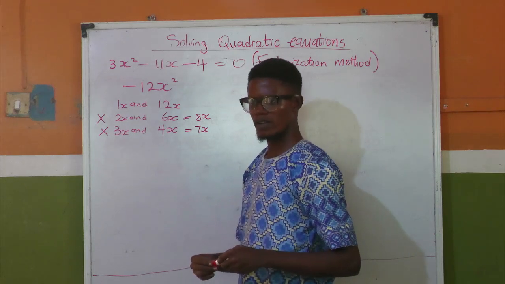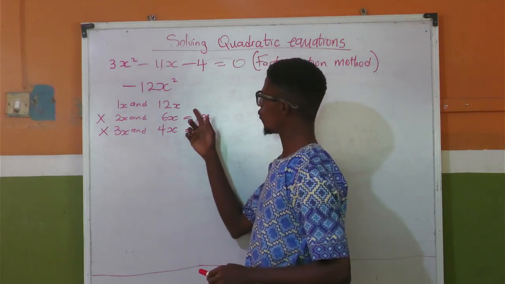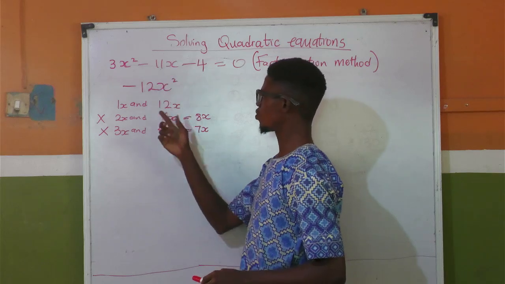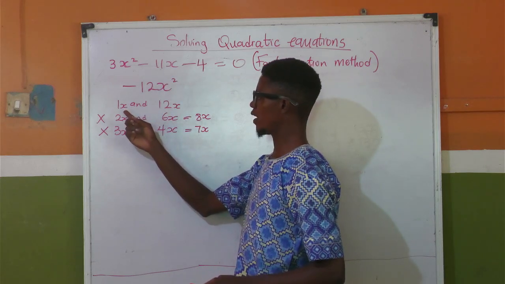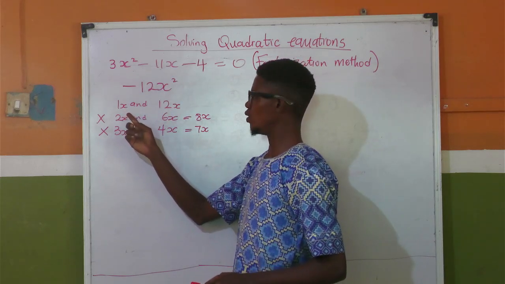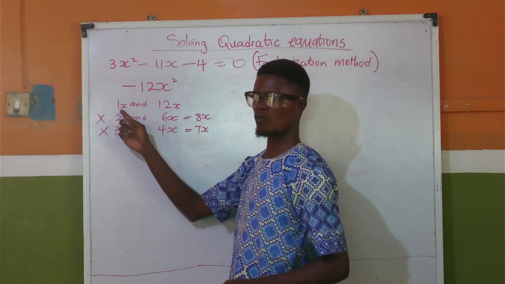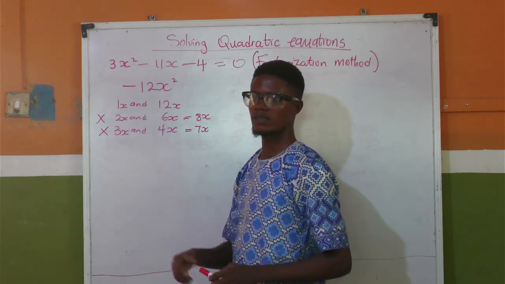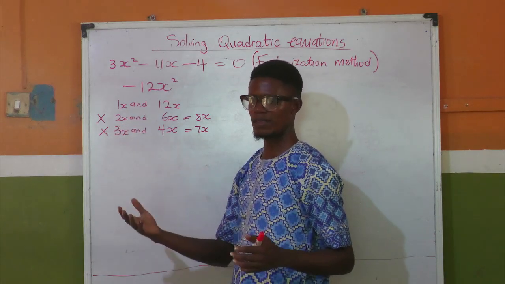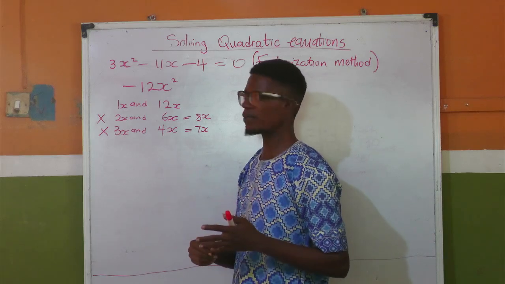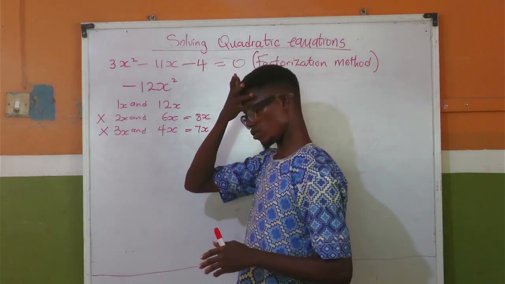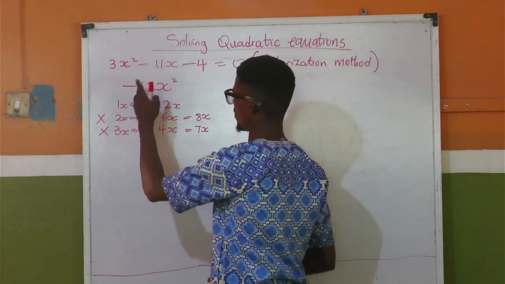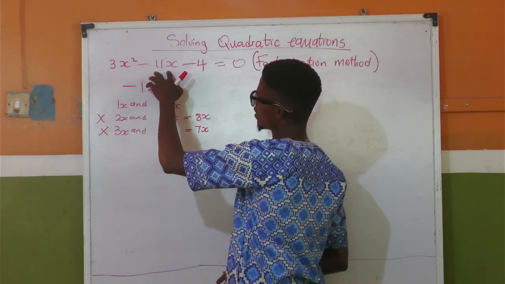So this is the multiple I'm going to use, which is 1x. When we have 1, we usually do not put the 1, because 1 multiplied by anything is the same thing. So 1 multiplied by x here will be x. In this case I'm just writing the 1 so that we can see how we arrived at the 11.